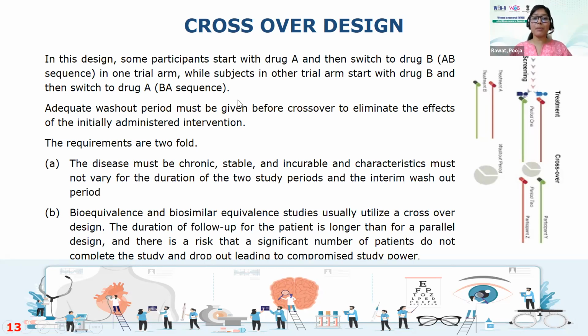In this design, some participants start with drug A and then switch to drug B in one trial, while the subjects in the other arm start with drug B and later are switched to drug A. There is a certain method to it. It is not that the investigator randomly decides who gets which drug. There is a certain time period and time frame when this crossover will happen.